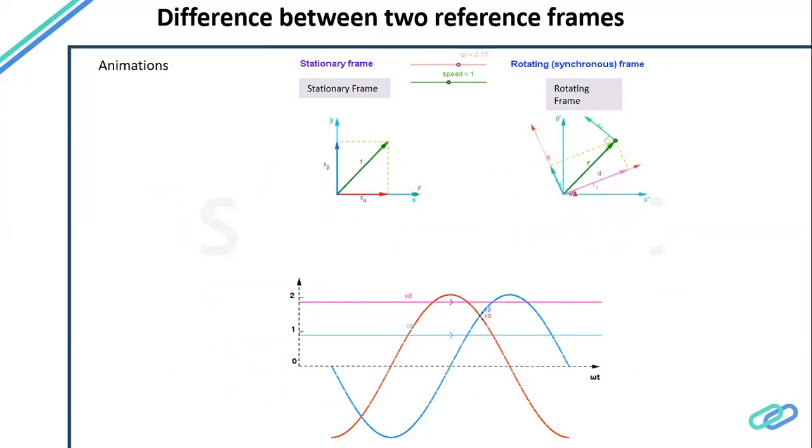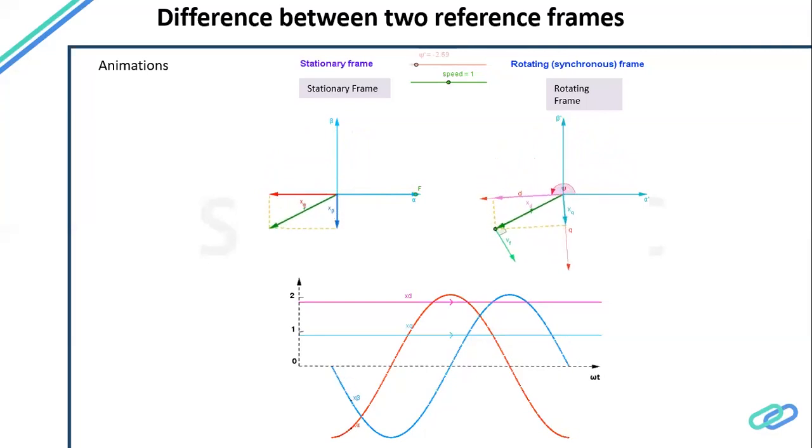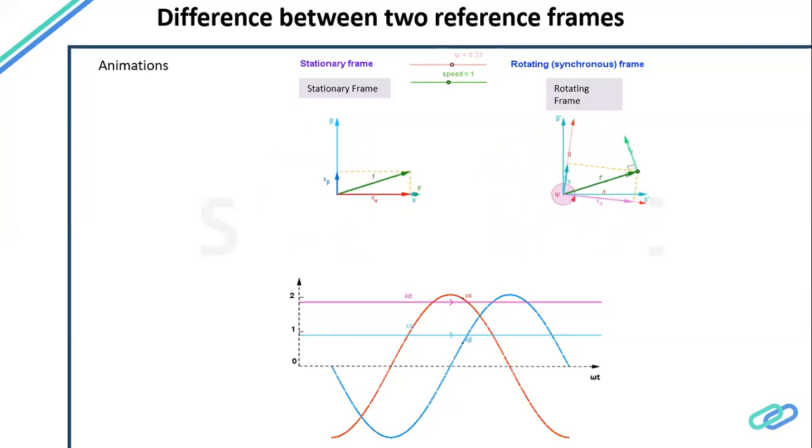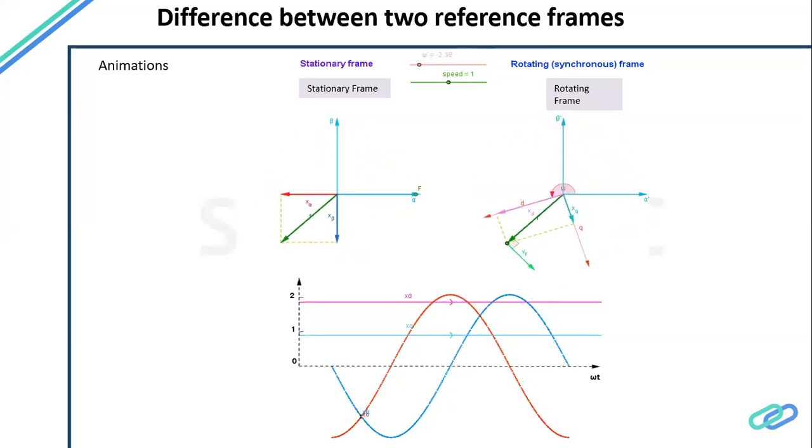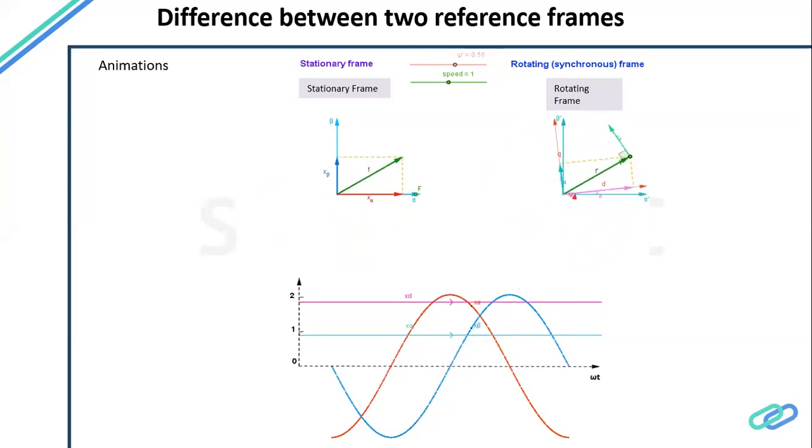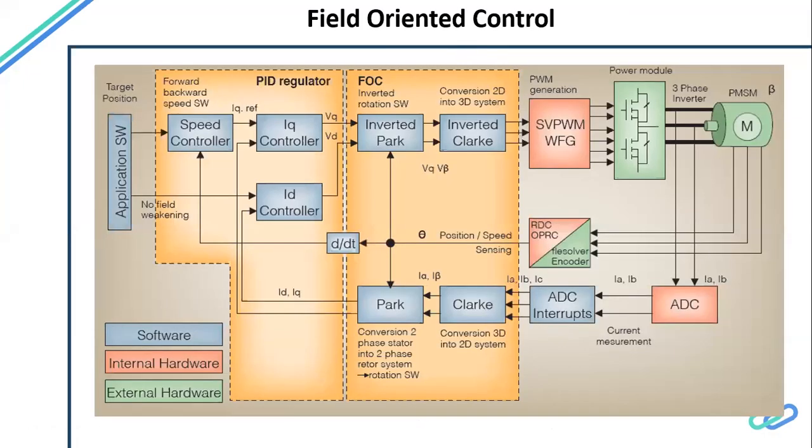But the moment we jump on the rotor, we see something stationary, like ID and IQ, like a DC type of machine. So the rotating reference frame is something critical, it is what we want from all this mathematical operation, so that we can control this like a DC machine. So this is what the FOC topology would look like: the software bit, hardware bit, internal and external.